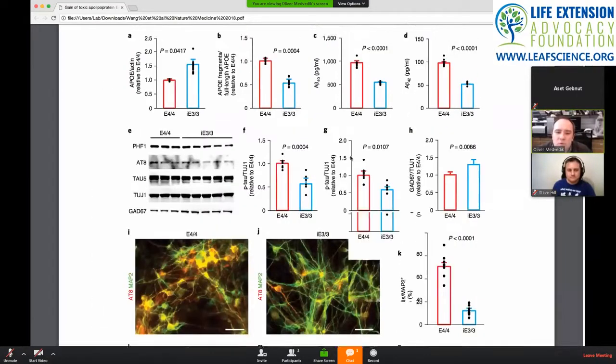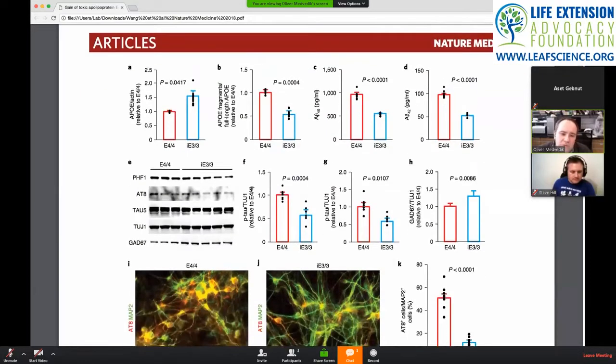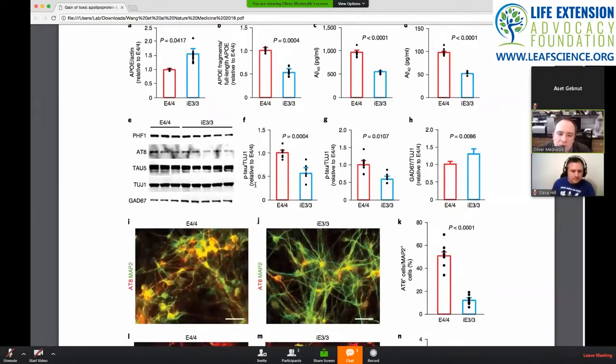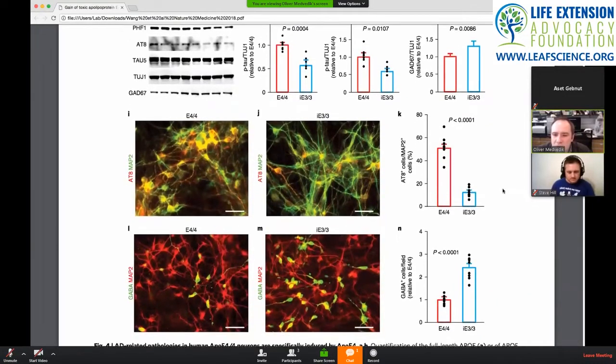you get more amyloid beta being secreted, amyloid beta 42, amyloid beta 40, more fragments of ApoE. In the E4 variants, the full-length ApoE is less of it, obviously because it's getting fragmented. They're looking at tau phosphorylation. So those are basically all of the things they're looking for.